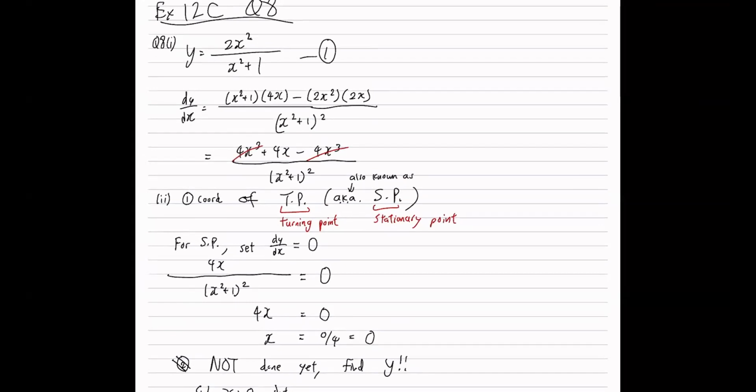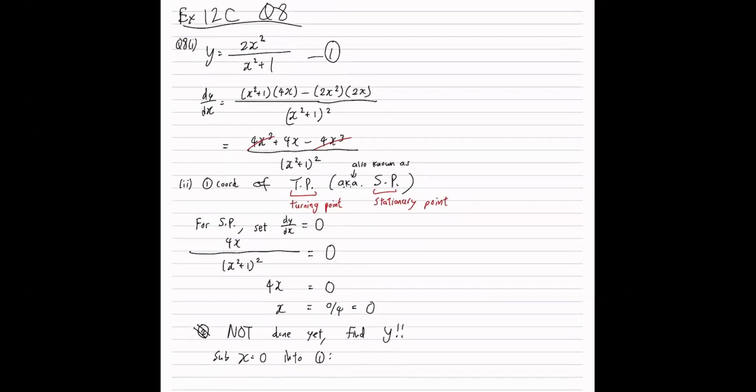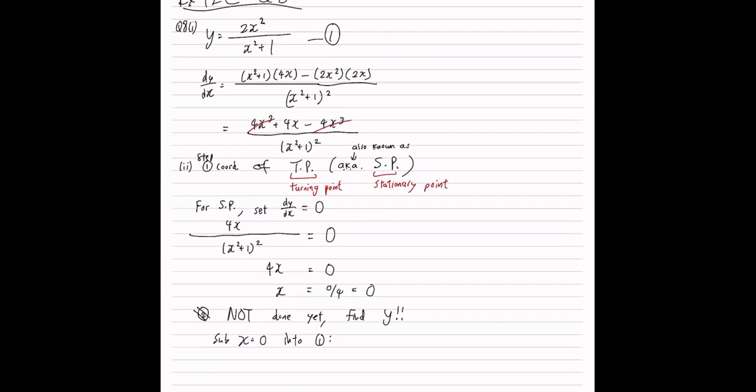Let's label this as equation 1. Then just say sub x equals 0 into 1. Get 0 over 1, which is 0. So therefore, the conclusion is SP is (0, 0). Yes. Good.